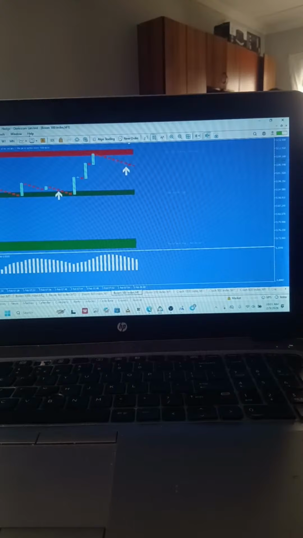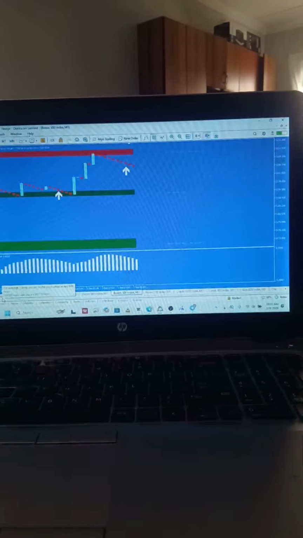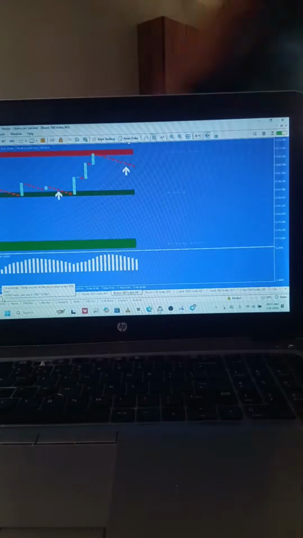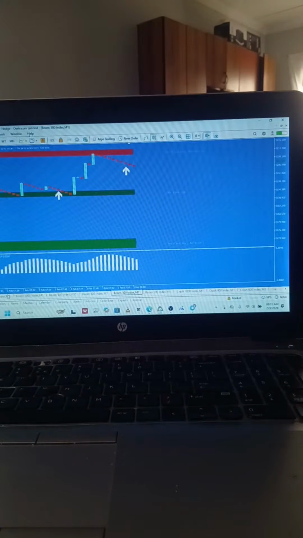Okay, let me take you to Crash 300 and Crash 500. We had some good setups there. It tells you the trend, it tells you where you're going to be placing your stop loss. It also tells you how long you're going to be holding the trade and where you're going to be exiting that particular trade. So it's a very powerful indicator.